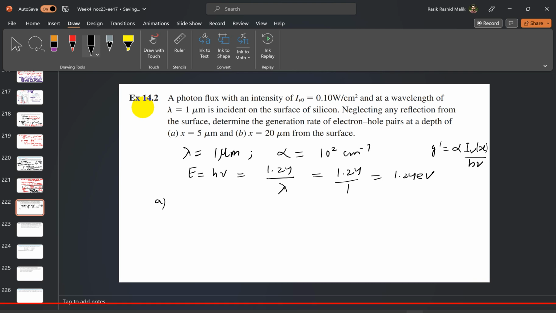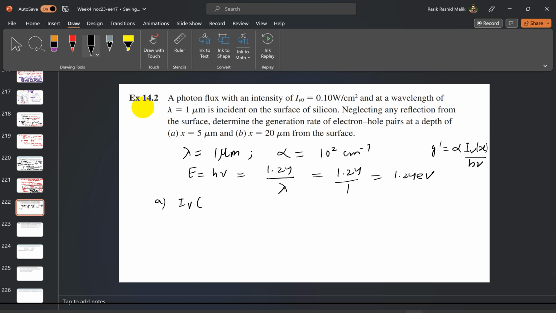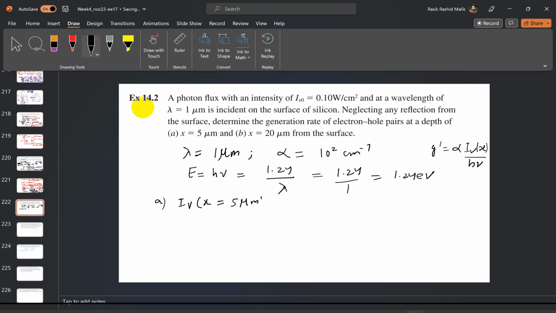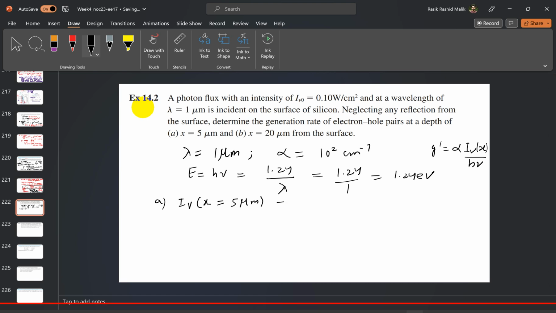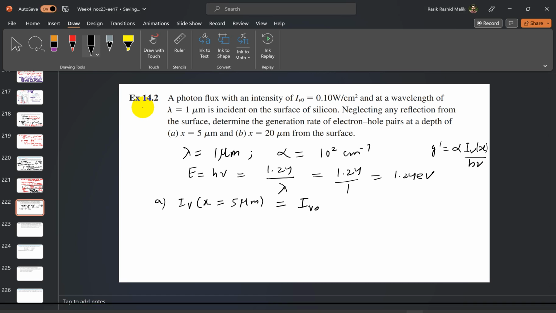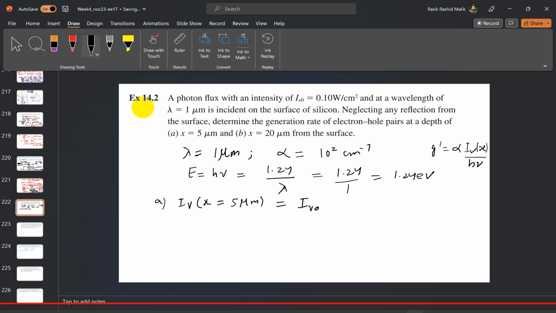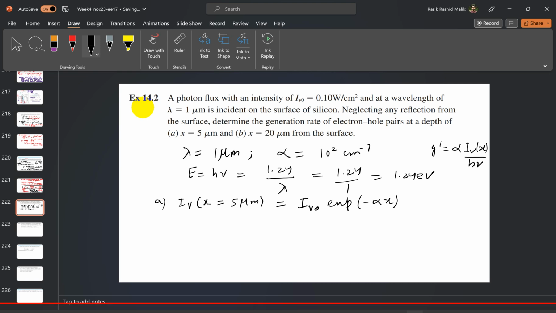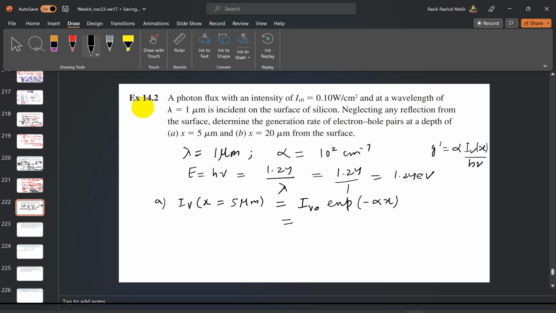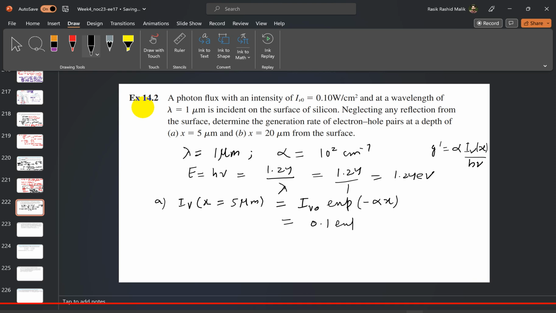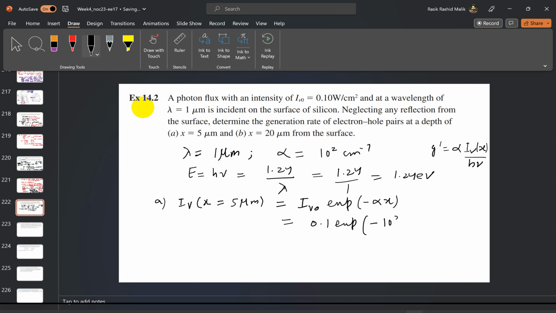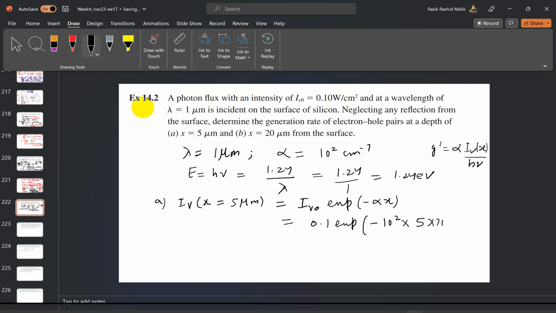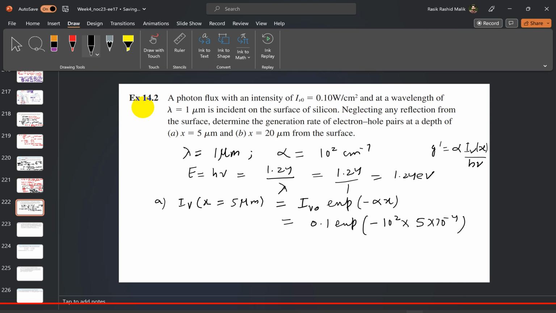We have h nu and alpha, so we have to calculate IV at distance x equal to, say, 5 micrometer for the first case. That is simply the incident intensity, which we have, times exponential of minus alpha d. So I can write it as 0.1 exponential of minus 10 to the power 2, times d, which is 5 micrometer, so 5 into 10 to the power minus 4 centimeter. So let's calculate this value.